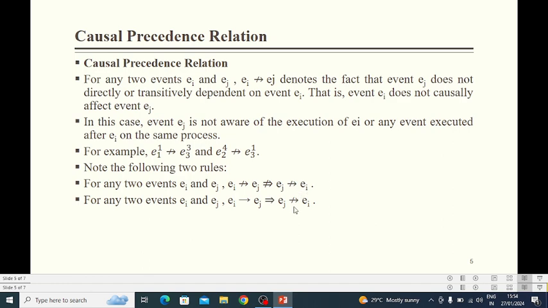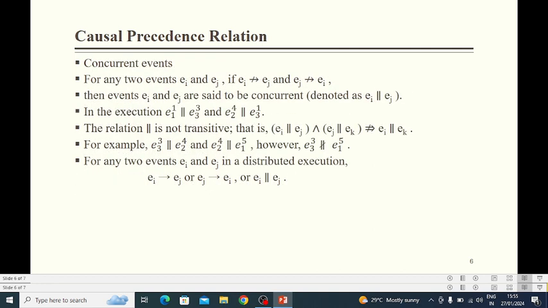And the second rule: for any two events Ei and Ej, if Ei causally affects Ej, it implies that Ej does not causally affect Ei. These two are the rules based on the causal precedence relation.